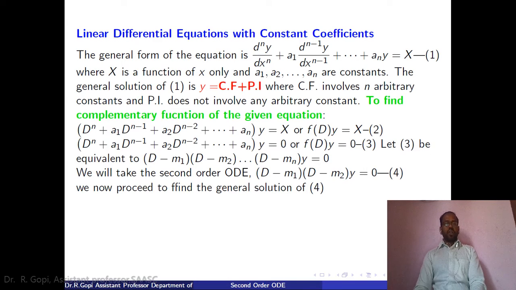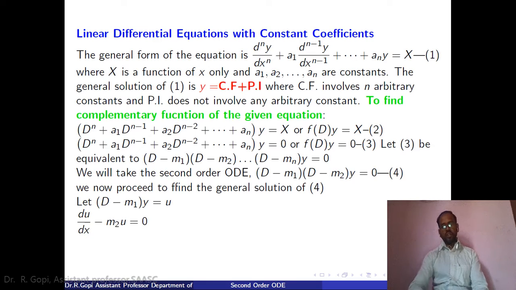We now proceed to find the general solution of equation 4. Let (D minus m1) y equal to u. Then equation 4 reduces to (D minus m2) u equal to 0, that is du/dx minus m2 u equal to 0. Using variable separable, du/u equals m2 dx.